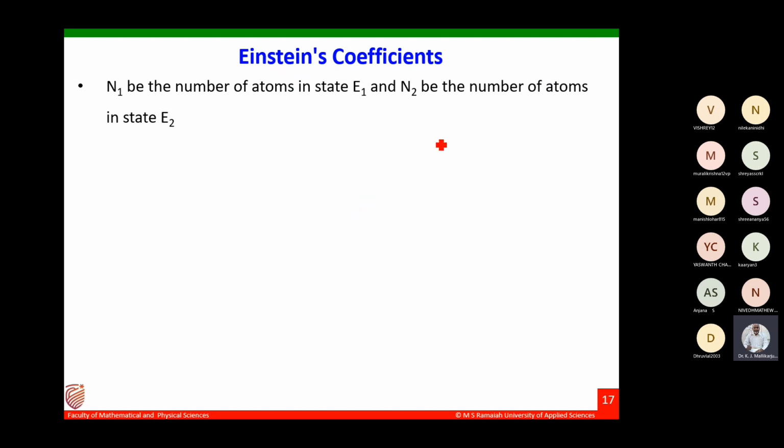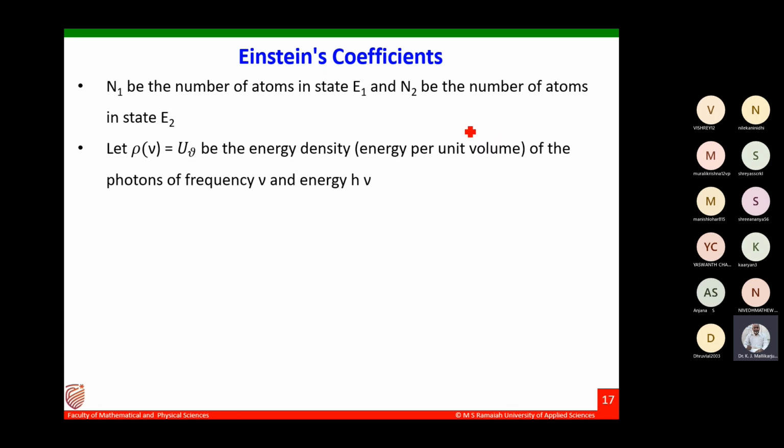Let us consider two energy levels, where N1 is the number of atoms in the state E1 and N2 is the number of atoms in the state E2. Let rho of nu, that is u nu, be the energy density, the energy per unit volume of photons of frequency nu and energy h nu.